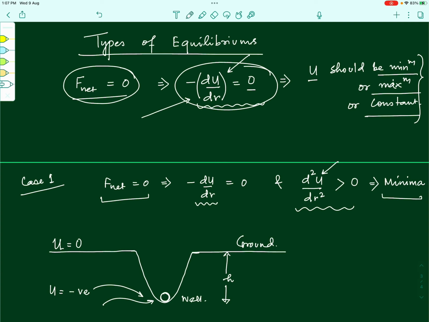Now, do we also see that if you take this ball and shift it slightly from its equilibrium state, you take it slightly up and release it from there. If the ball is taken over here, let us say, and you release it from here, what will happen? Don't you think that the ball will tend to come back to its equilibrium position, right?